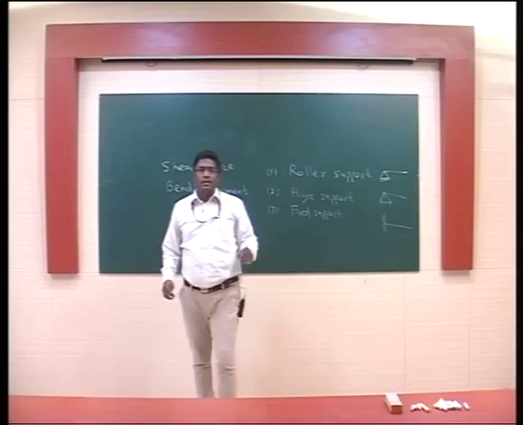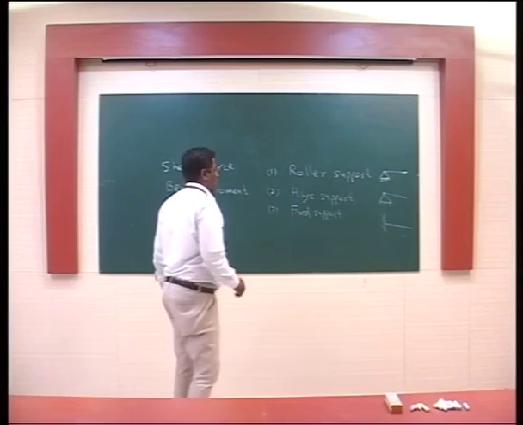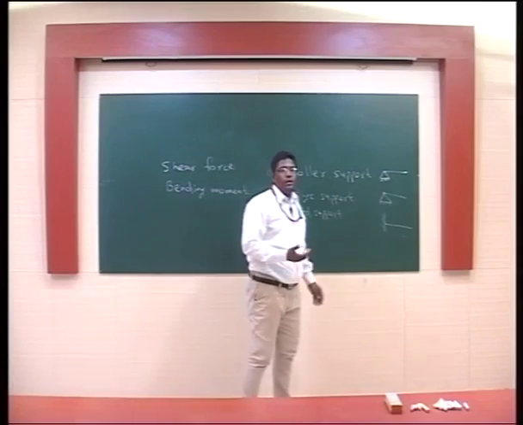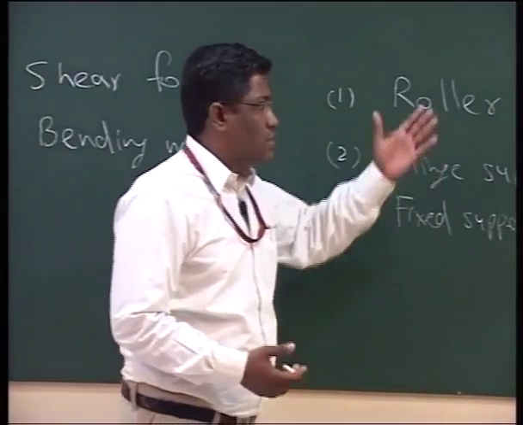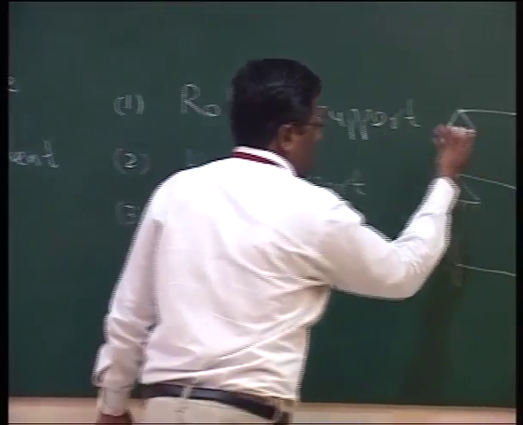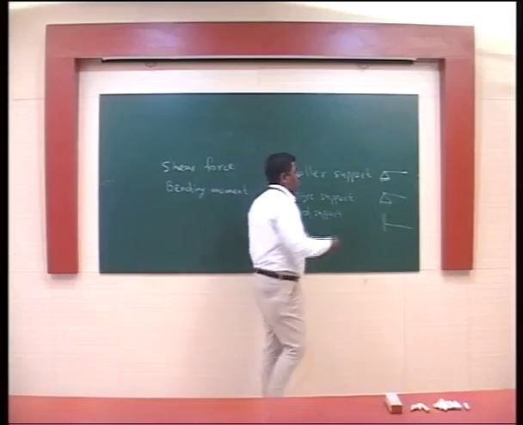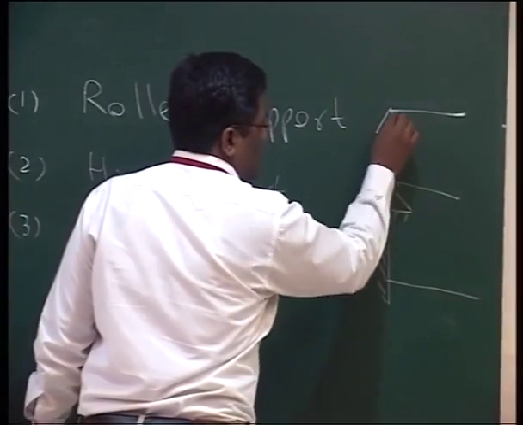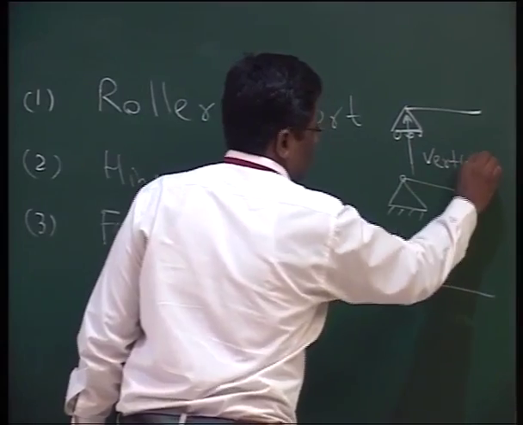The symbols of these supports are as shown. Now, if we can see that these three supports or support conditions are there, but the point is we first of all need to determine what exactly are the unknowns or the reaction components which come in every type of supports. First of all, if we can see this particular symbol of roller support, we can see that this particular support can always take vertical loadings.